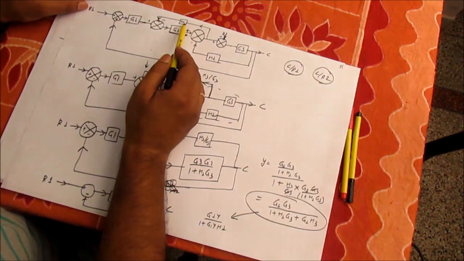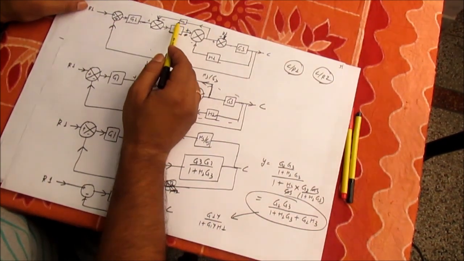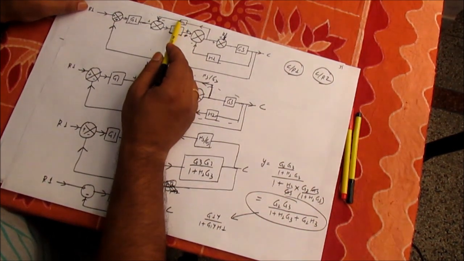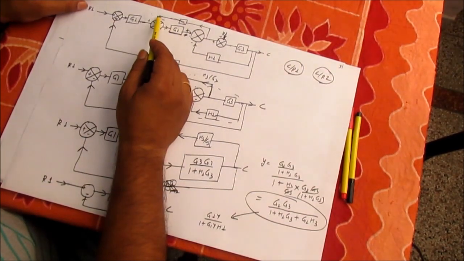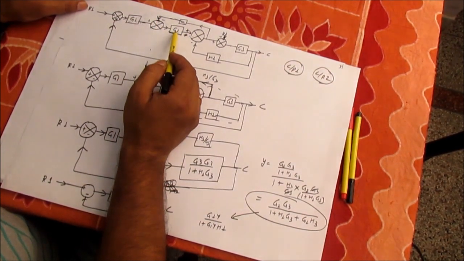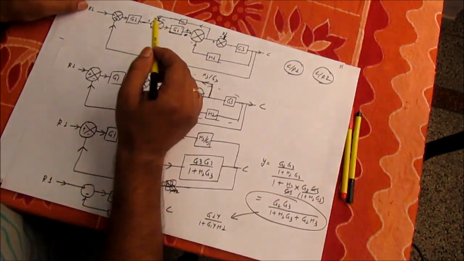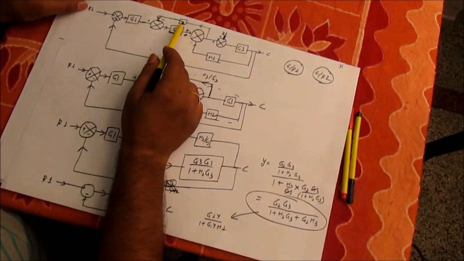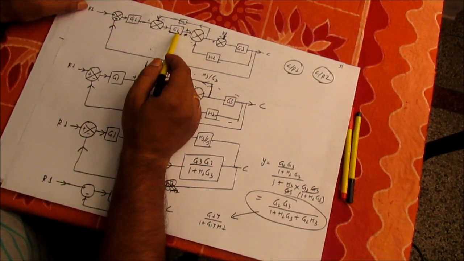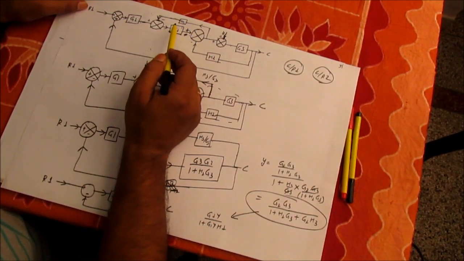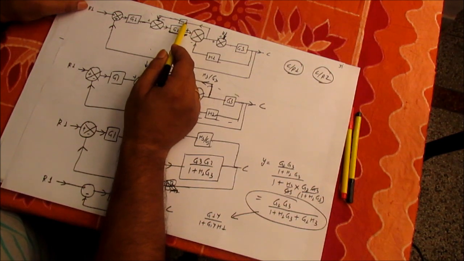But the problem is with S3, because the S3 signal will come here after getting multiplied by G3, and here if there is no G2 block, there will be a loss of signal for this S3. So what we will do, we will multiply this S3 by G2.